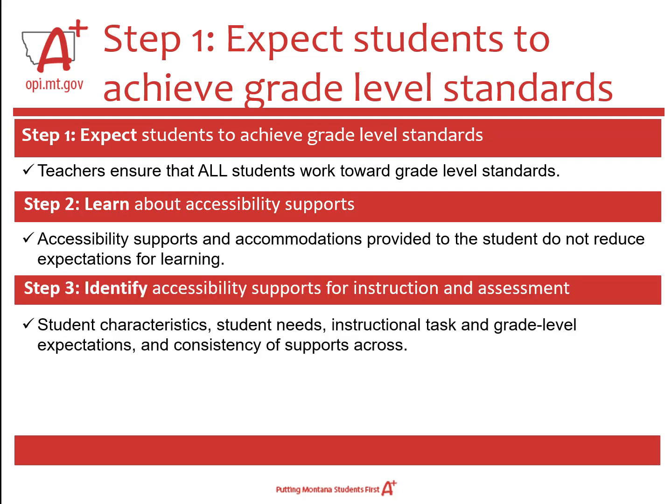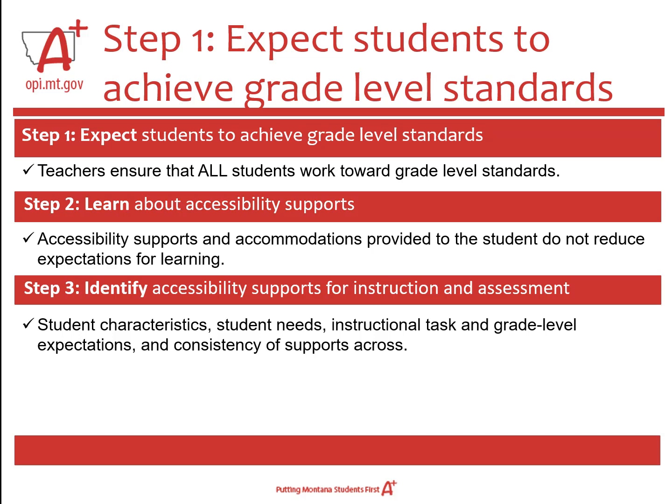Step 3. Identify accessibility supports for instruction and assessment. Identify student characteristics by gathering information from academic achievement, parents and guardians, student strengths, familiar educators, EL, IEP, 504, and RTI plan.